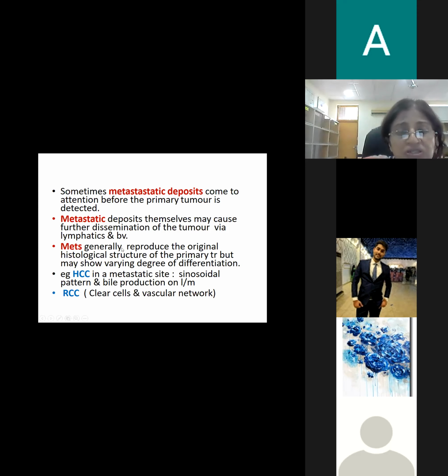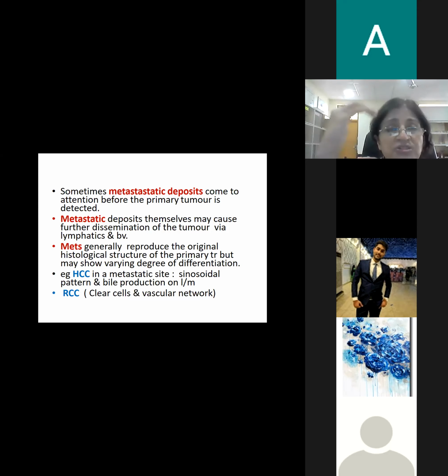For example, hepatocellular carcinoma in a metastatic site will try to maintain the sinusoidal pattern of growth, and the hepatic cells are arranged in well-formed hepatic cords. उसका दरमियान में sinusoidal pattern हो जाता है.